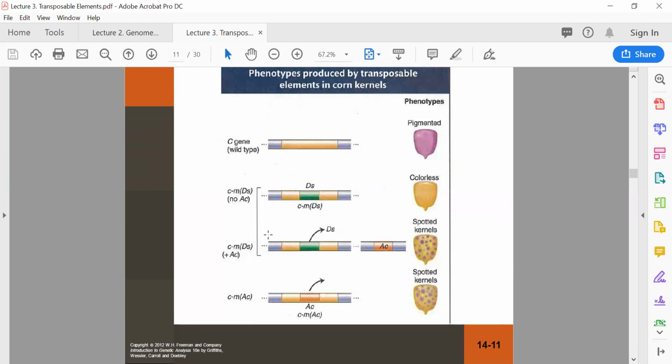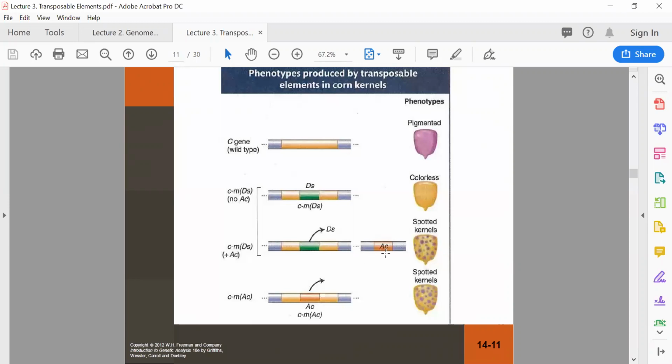Then we have a different line here. Same thing, we have the DS inserted into the C gene, thereby disrupting it, and that produces a colourless kernel, but we have also present in that genome the AC element. Here it is sitting either in a different chromosome or a different part of the same chromosome.